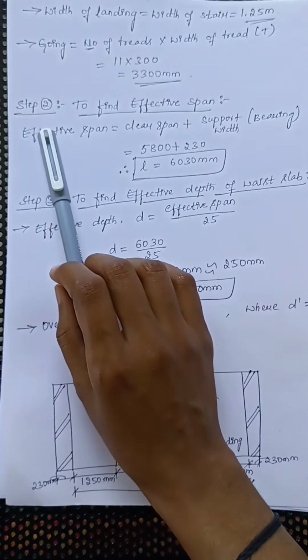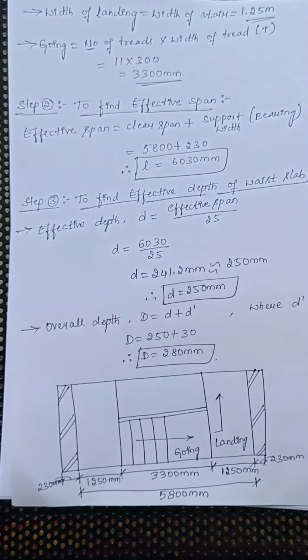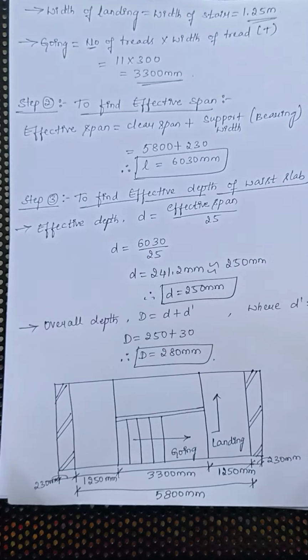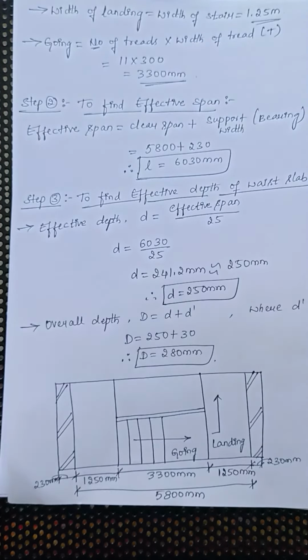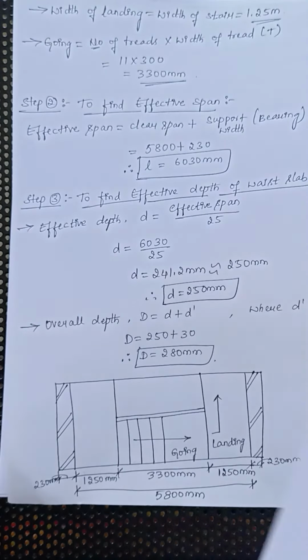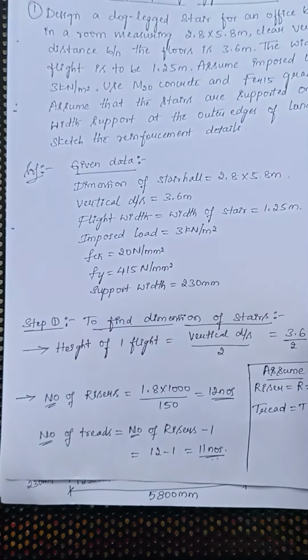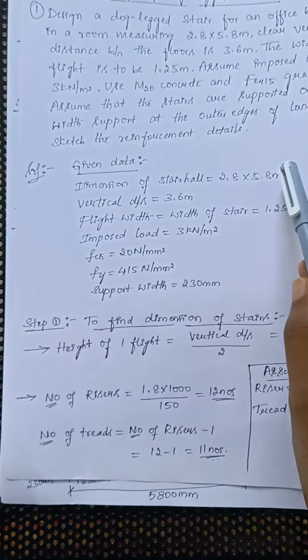Moving to step number 2, to find the effective span. The formula is: effective span is equal to clear span plus bearing or support width, which is provided at the outer edges of the stair. Here, for the clear span, the dimension of the stair hall is given as 2.8 by 5.8. We always have to consider the larger dimension here.